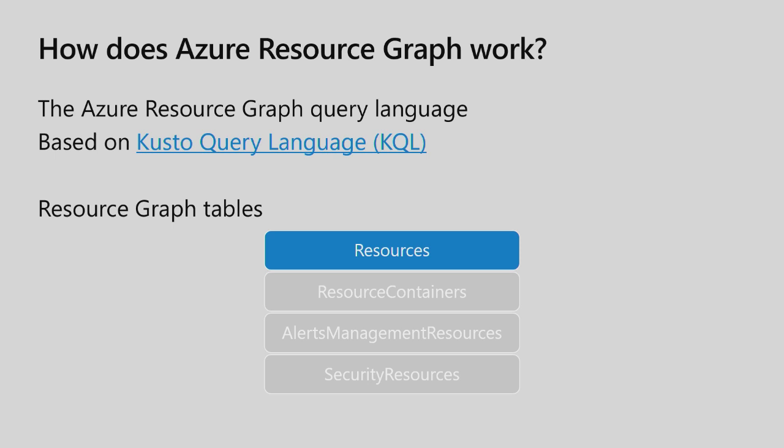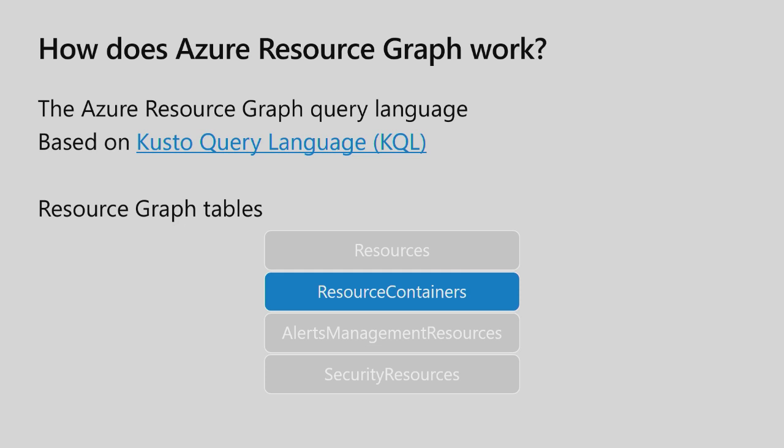How does Azure Resource Graph actually work? It's based on the Azure Resource Graph query language, and that language is based on the Kusto query language. All the data that we can query is organized in a couple of tables. The first one is called resources, and most of the resources are in that table.